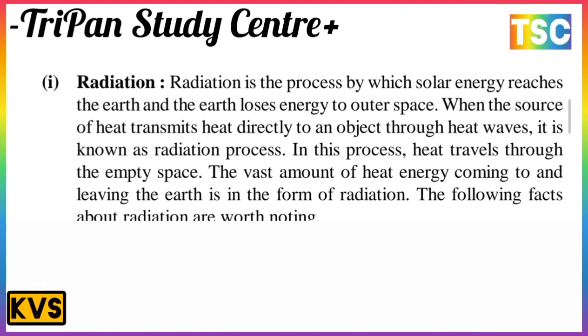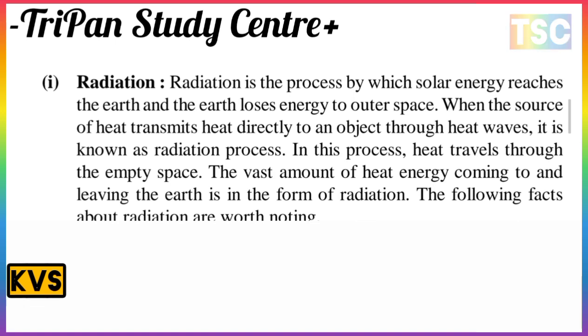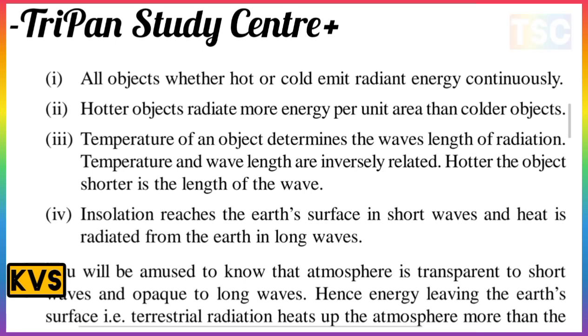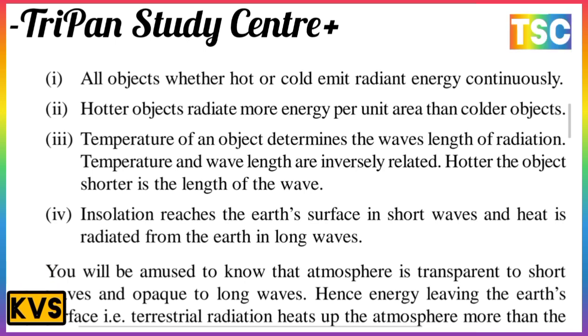The following facts about radiation are noteworthy. First, all objects, whether hot or cold, emit radiant energy continuously. Second, the hotter the object, the more energy it radiates per unit area than a colder object.